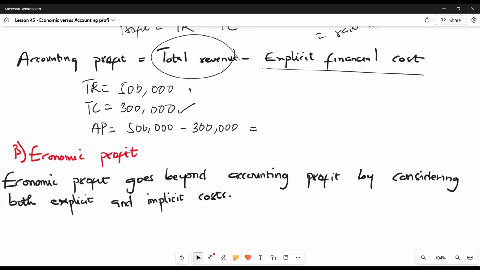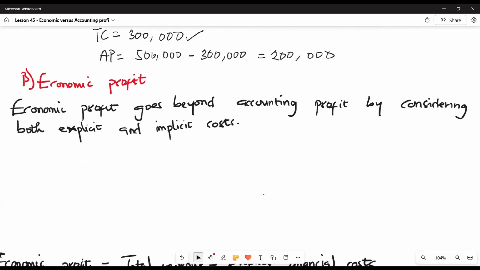So in this example, the accounting profit is 200,000. Now let's move on to economic profit.